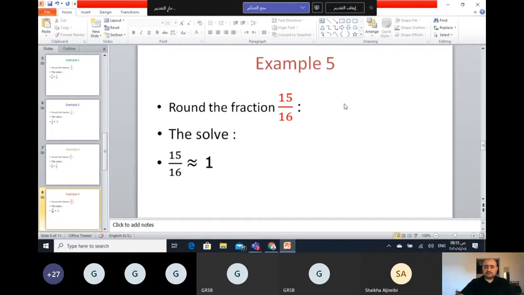So I can use the third case, round up. If the numerator is very close to the denominator, I can round the fraction to 1. So the solution here, 15 over 16 rounds to 1.